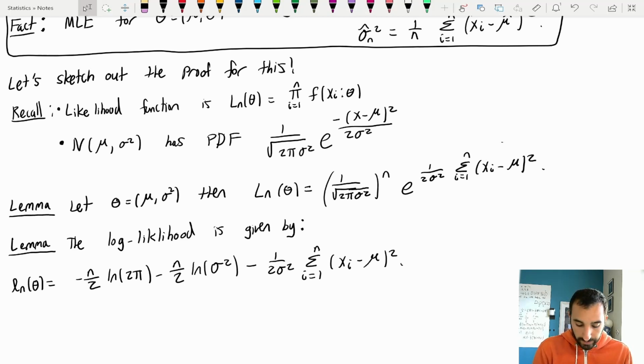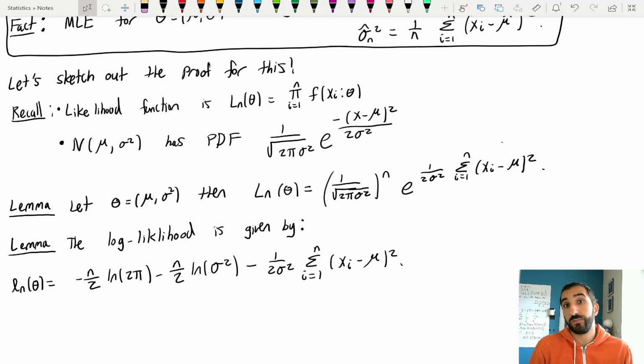All that's going on here is we're multiplying together all these numbers. We're multiplying together n of them. And that 1 over 2 pi sigma squared is present in all of them, so it gets raised to the n. And then we have a multiplication of a bunch of exponentials. And remember that exponentials have the property that when you multiply them, it's the same as adding together their exponents. So that product turns into a summation in the exponent.